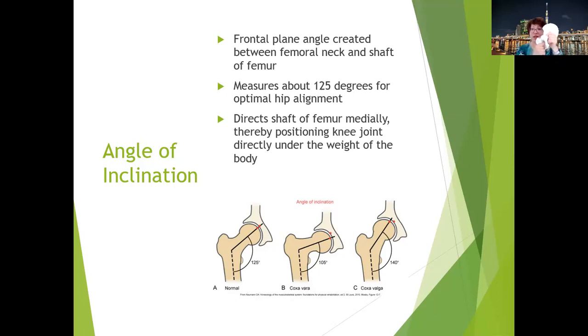Coxa vara and genu valgum go together. If you have a greater angle of inclination, the distal end of the femur would have to move laterally in order to articulate, and you would end up with bow legs or coxa valga. So we'll look at the knee and the hip together and see how they relate.